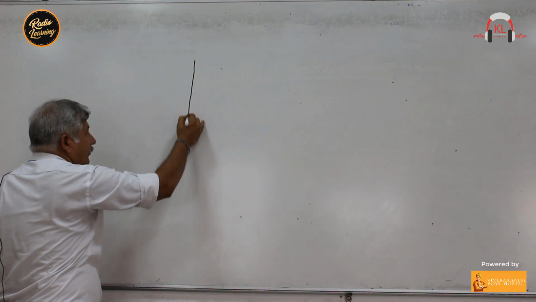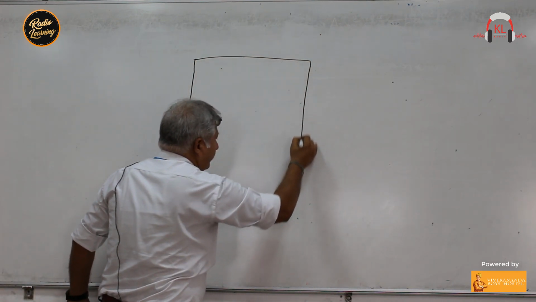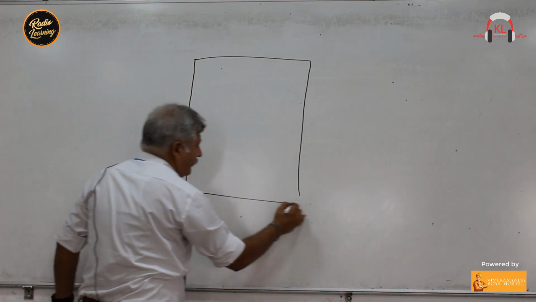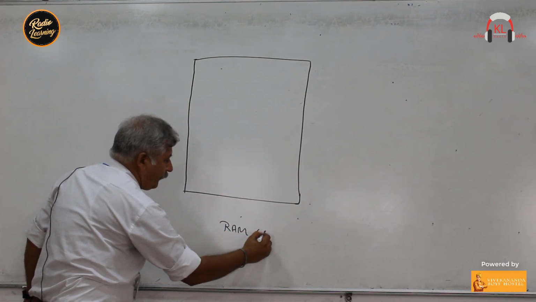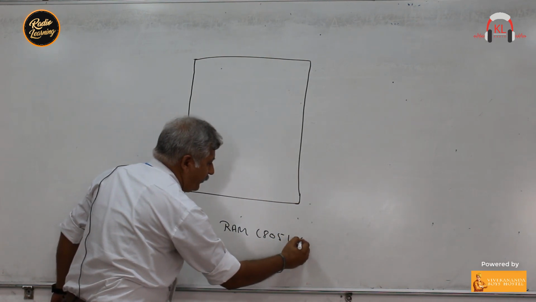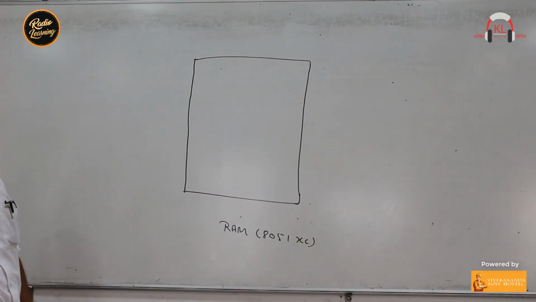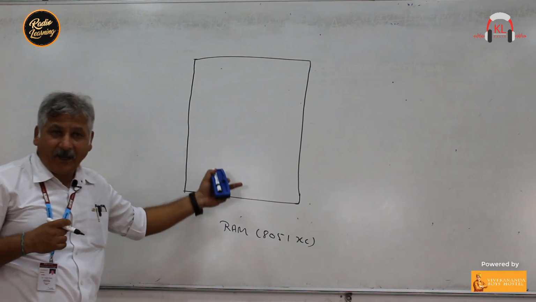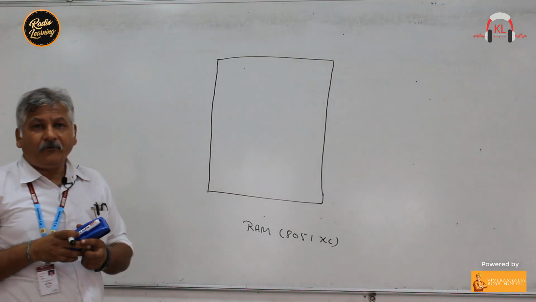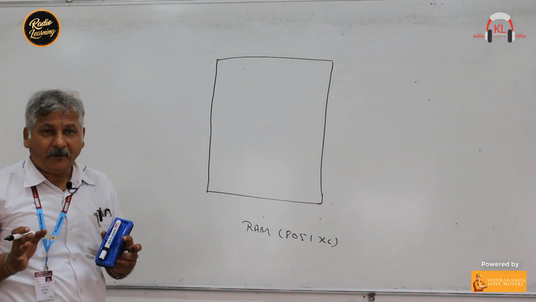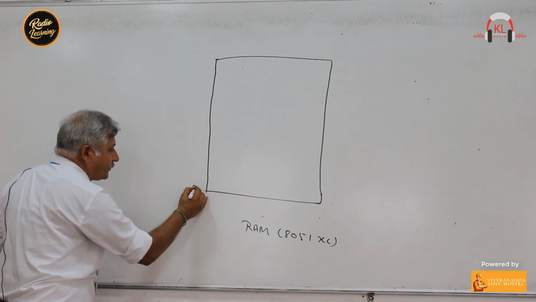So this is the internal RAM of the 8051 microcontroller. As I told you, a total of 128 bytes can be stored in this RAM. Always remember, at one location we can store 8 bits only.